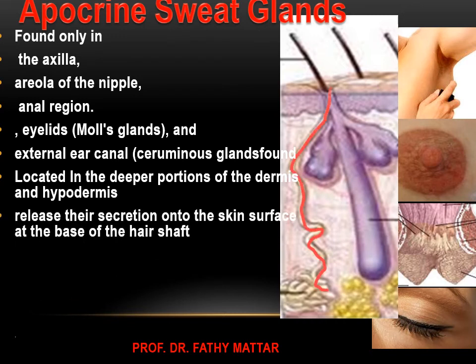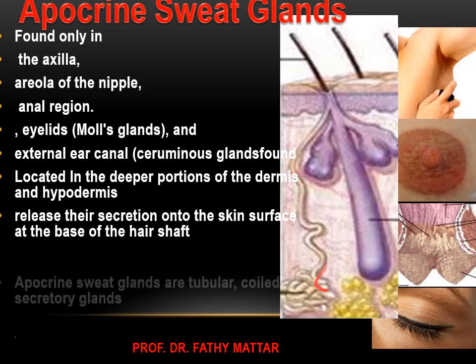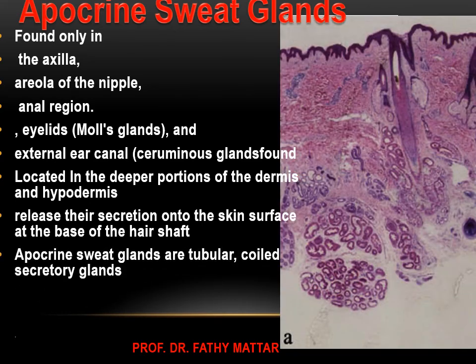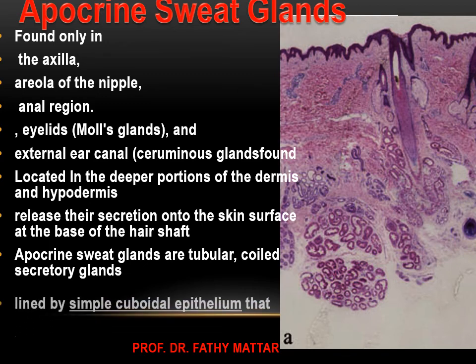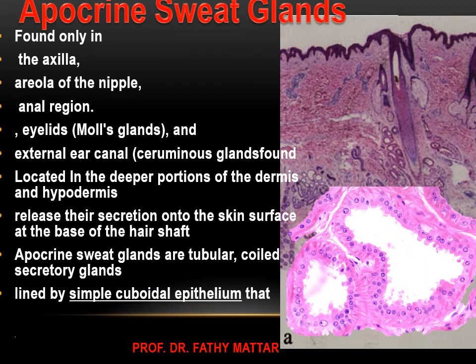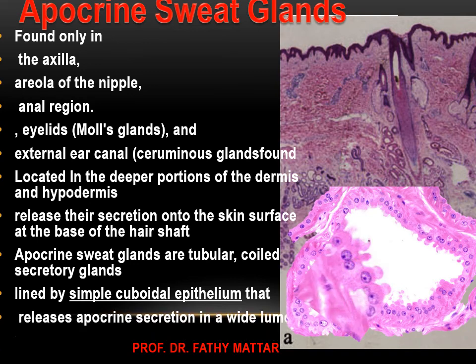They release their secretion onto the skin surface at the base of the hair shaft above the opening of the sebaceous gland. Apocrine sweat glands are tubular coiled secretory glands lined by simple cuboidal epithelium that releases apocrine secretion, which means that they release their secretion from the top of the cells in a wide lumen.